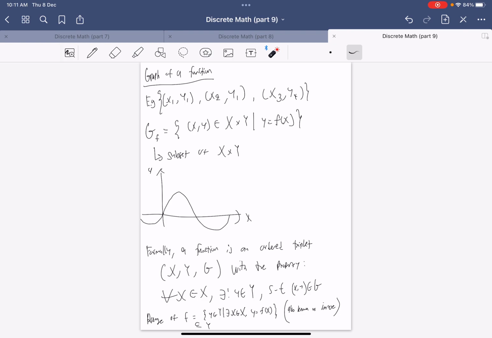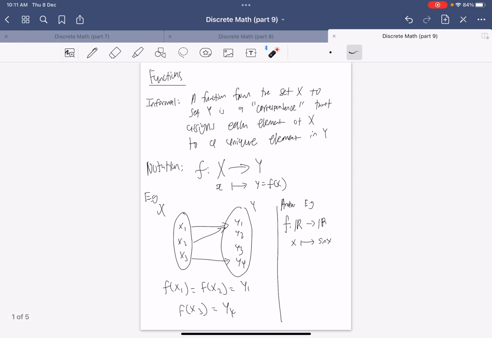And so by giving this definition, you say that two functions are equal if the domains and codomains are equal, and the graph is equal. And so this is what it means for two functions to be equal: their behaviors are equal from the same source set to the same target set. And so you can see that this corresponds well to our definition informally.